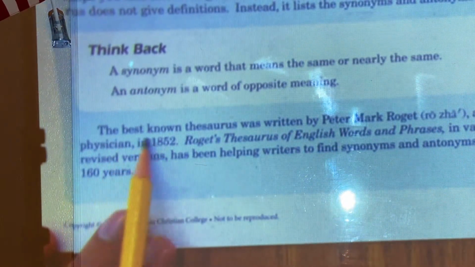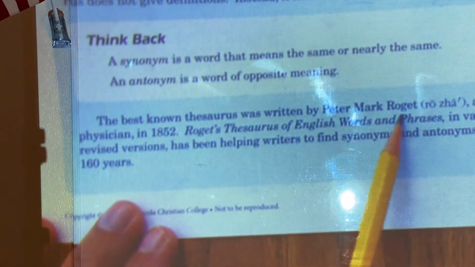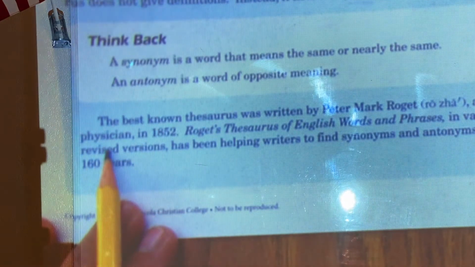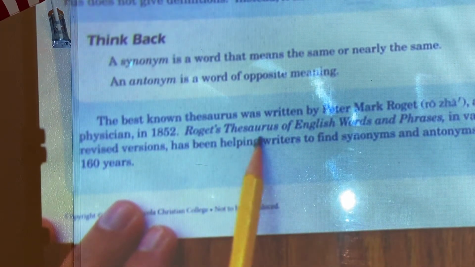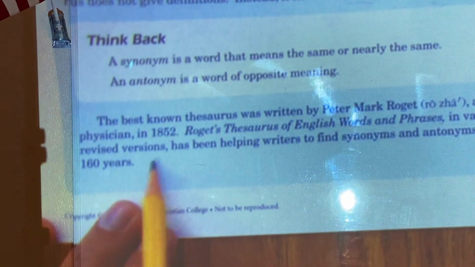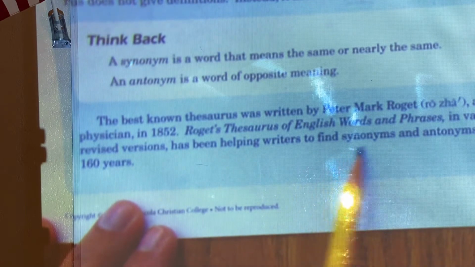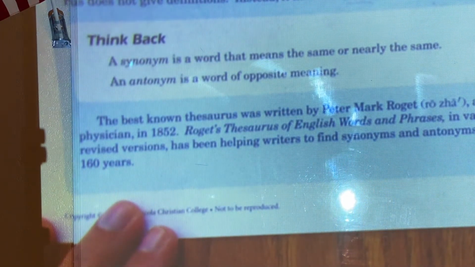It says the best known thesaurus was written by Peter Mark Roget, a British physician, in 1852. Roget's Thesaurus of English Words and Phrases, in various revised versions, has been helping writers to find synonyms and antonyms for about 160 years. The good thing about a thesaurus is that it's going to expand your vocabulary.